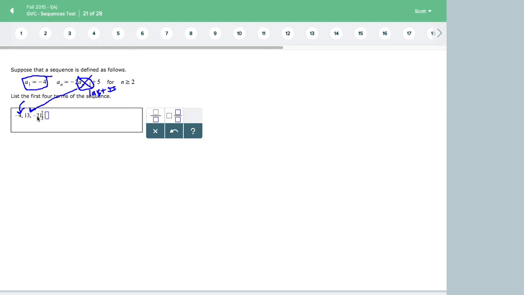Okay, now the -21 is my last number. So -2 times -21 plus 5, and we see that one is 47. And that's how you do that type of problem.